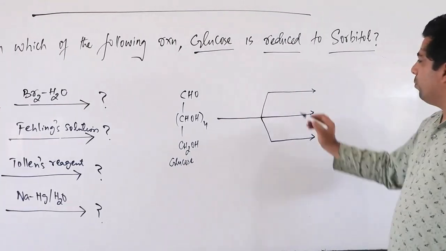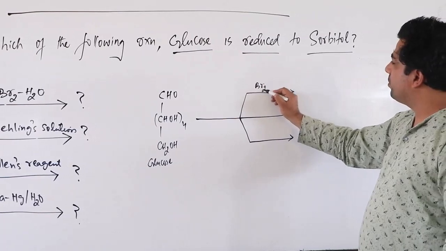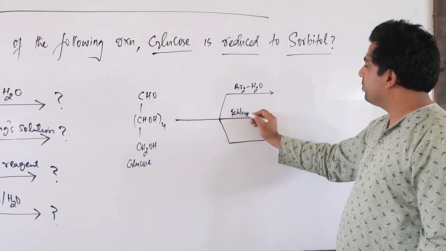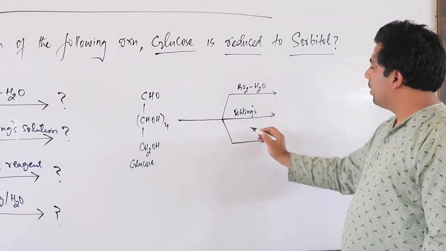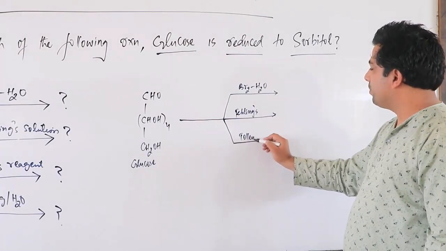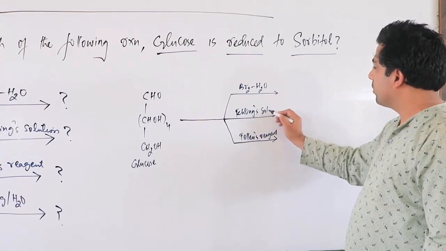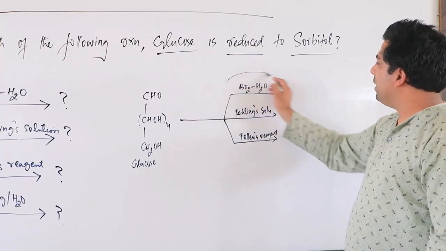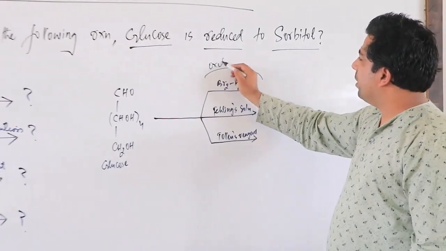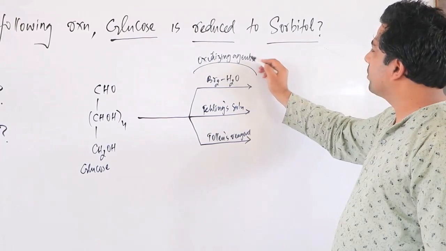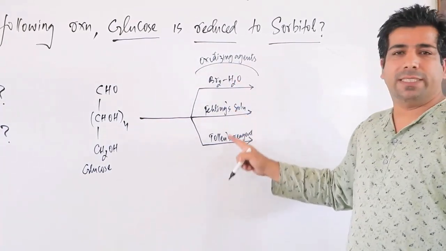We have here bromine water, Fehling solution, and Tollens reagent. These are all oxidizing agents.